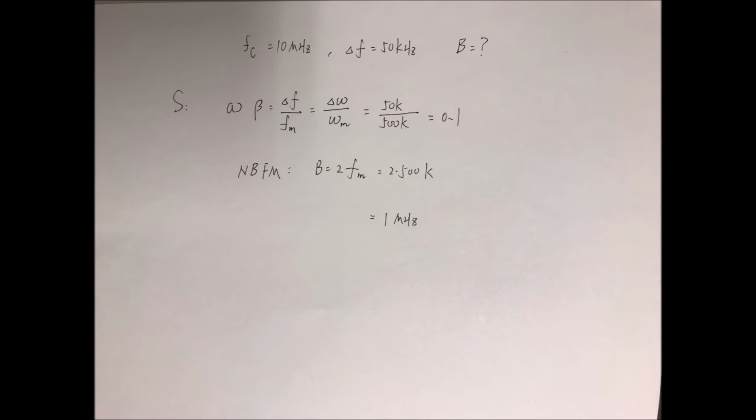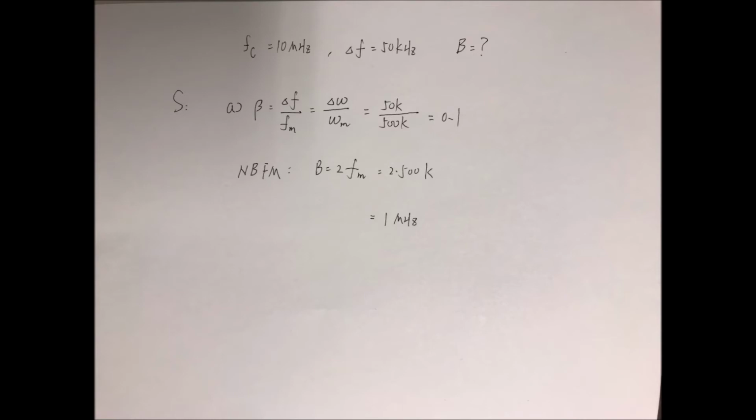Now number 2. Now my Fm is 500. Here, beta is still delta F over Fm, 50K over 500, which is 100. Obviously, this is a large beta. So my bandwidth will be 2 times delta F, or 2 beta Fm.